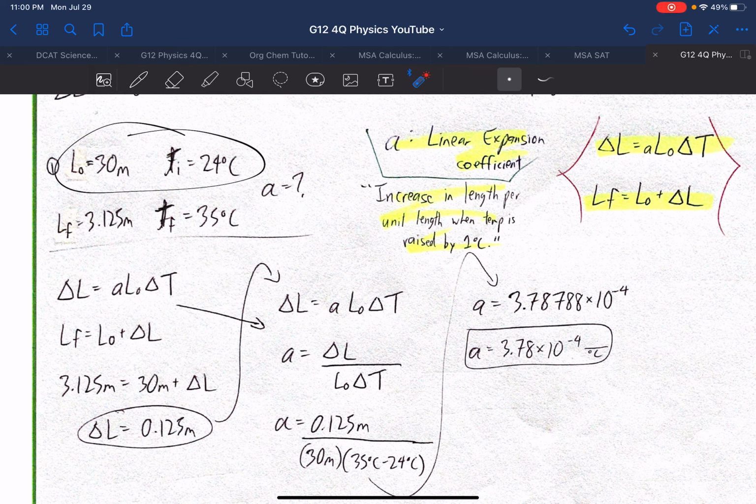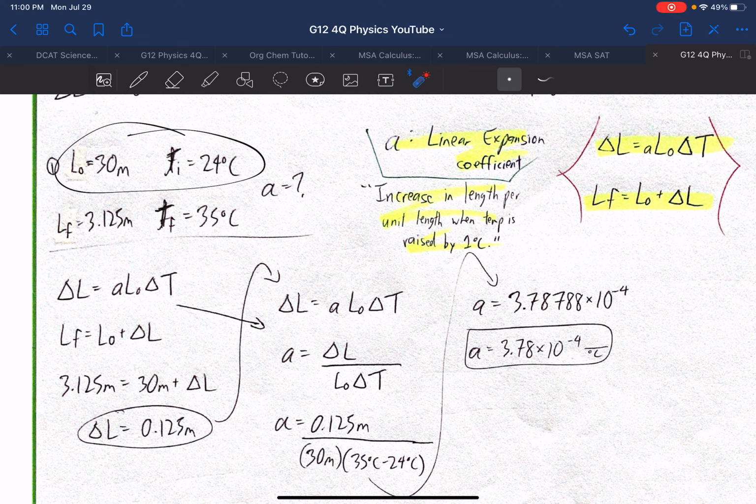We use this formula: change in length is equal to linear coefficient times initial length times the change in temperature. We manipulate the equation such that we're supposed to look for the change in length, because everything else we already have.